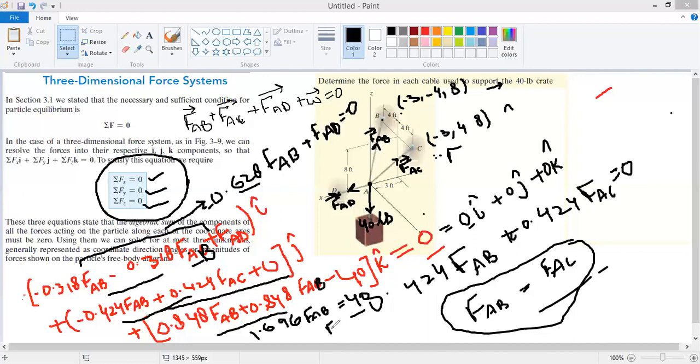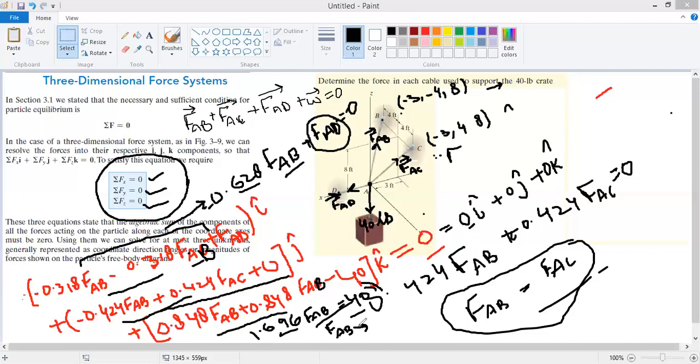From here we can obtain the value of FAB. FAB comes out equal to 40 divided by 1.696 pounds. Once we have found the value of FAB, we substitute it here and obtain the value of FAD.